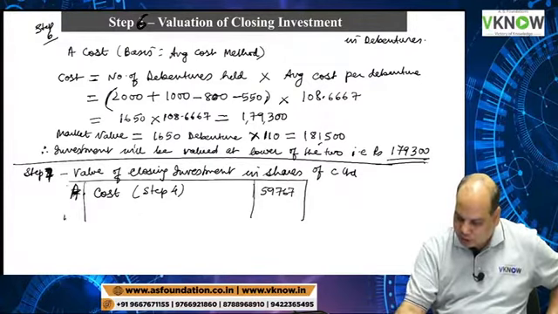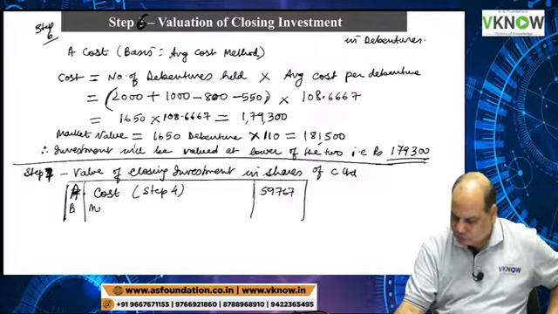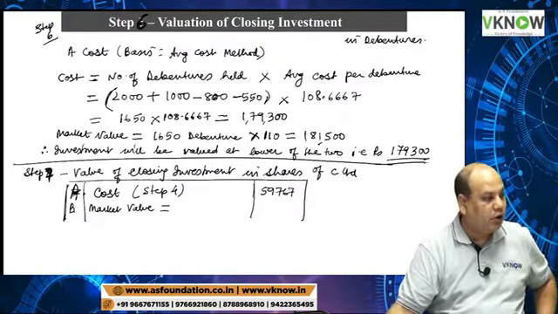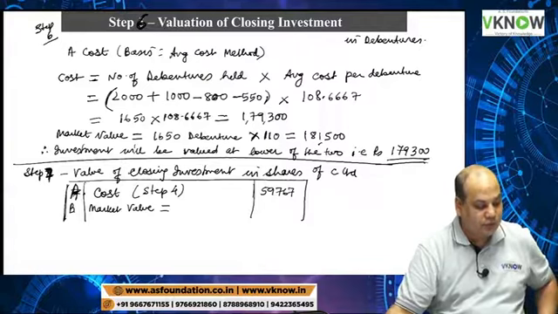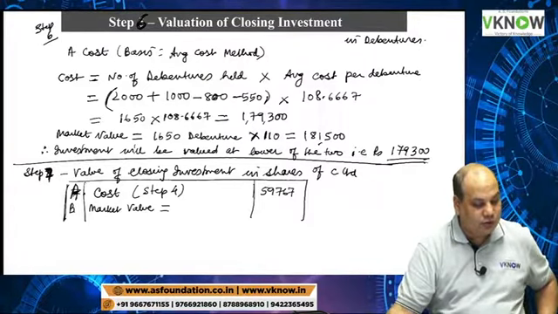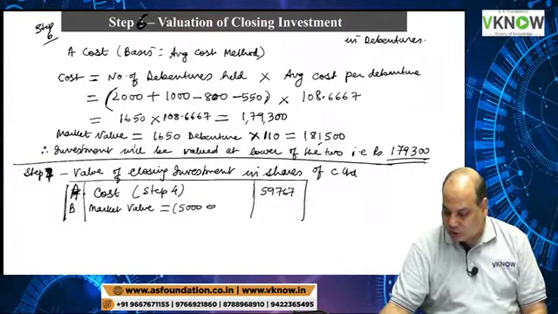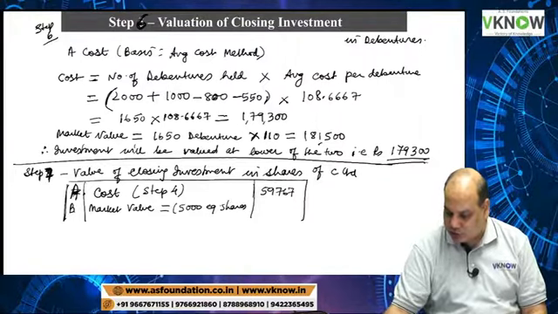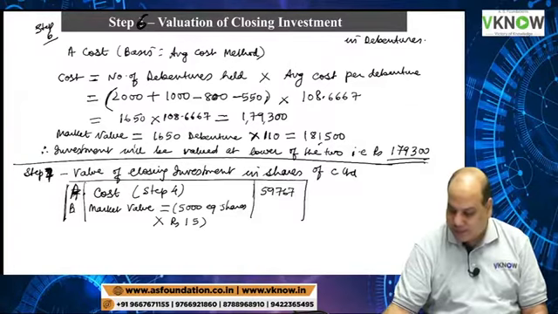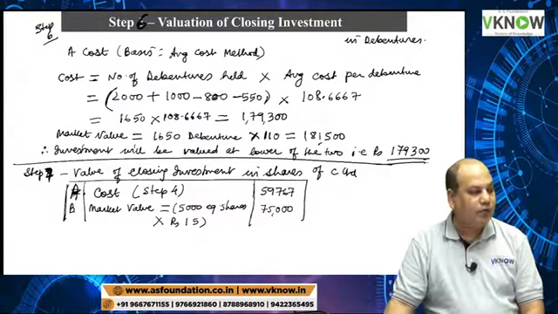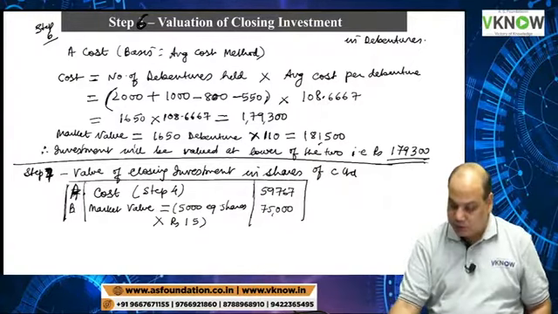And point number B, write down market value. You will go to the question. In the question you will find that after converting you are holding 5,000 equity shares into market price is rupees 15. So that means the value of this investment is 75,000.